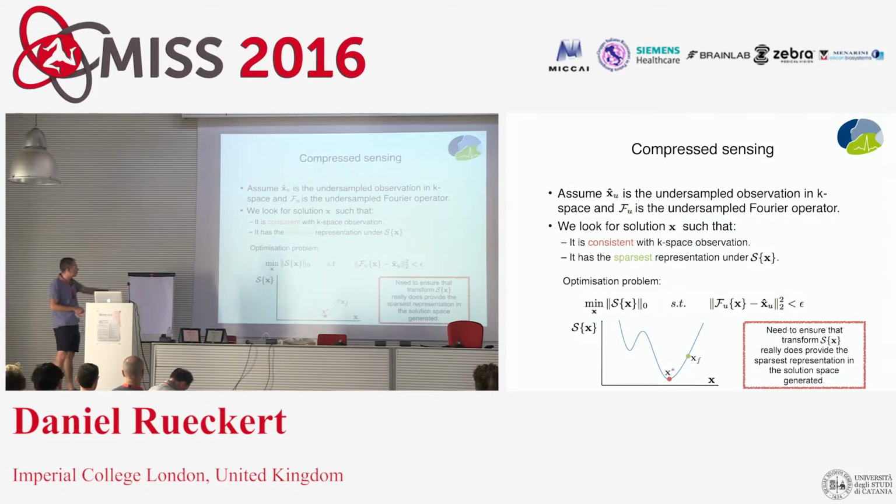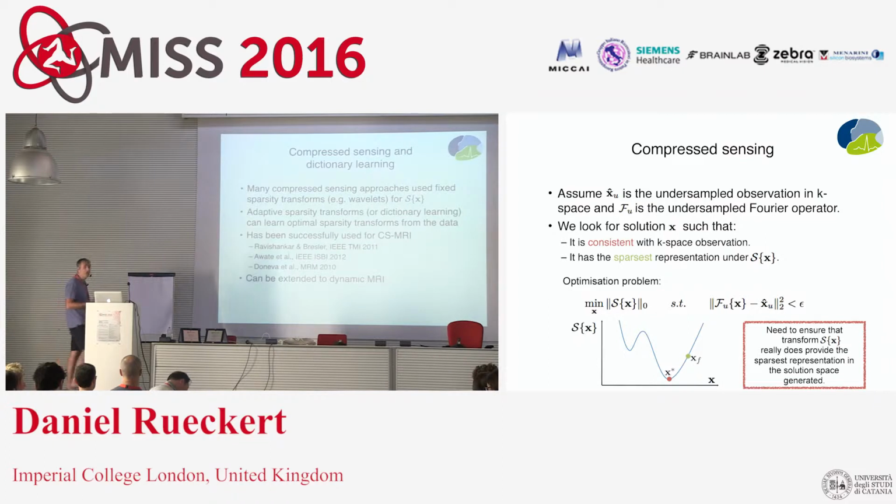You can view your initial image, which is your corrupted version of the image, as being somewhere here in this energy or optimization space. And I'm going to optimize it so that I find the sparsest solution X star here, which is what I want. This formulation was proposed by Michael Lustig a couple of years ago, and is really a powerful approach for MRI reconstruction.